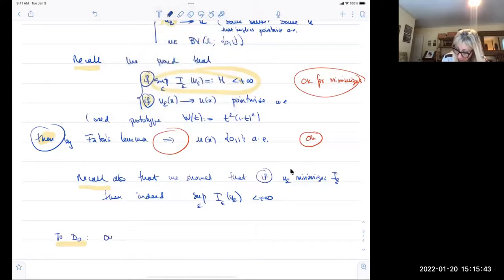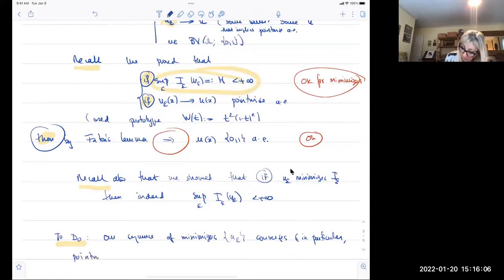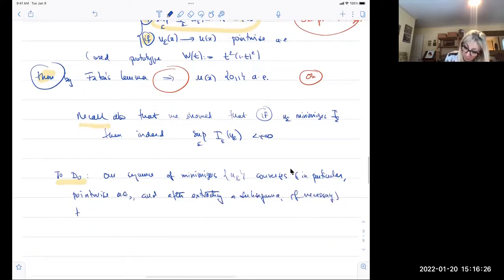So our sequence of minimizers U epsilon converges, in particular pointwise almost everywhere, and after extracting a subsequence, if necessary, to some mu, which is going to be a function of bounded variation.